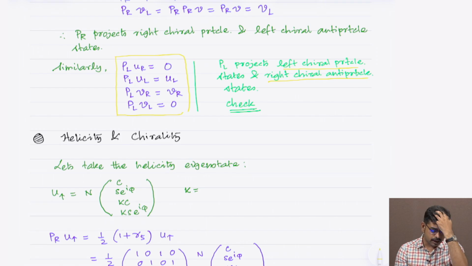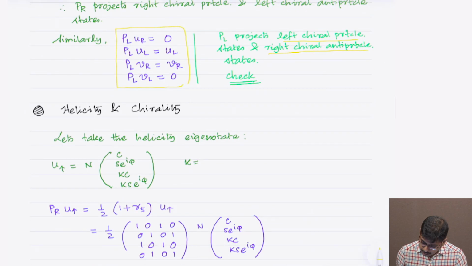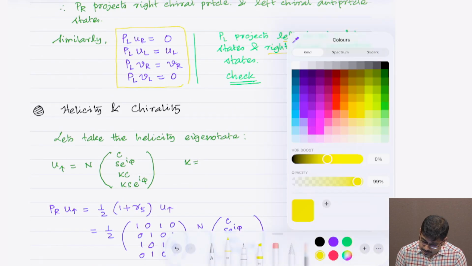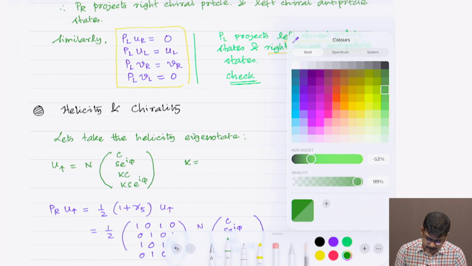I mean where I have E square equal to P square plus M square without any assumption. I do not need to drop M square here and so on and so forth. So, in that case, once again let us remind the helicity state and see if we can write it in terms of the chiral states, because then the picture will be clear how precisely the helicity states can be written in terms of the chiral states.